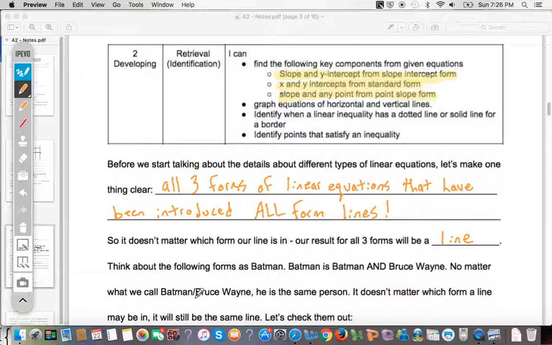No matter what we call Batman or Bruce Wayne, he is the same person. It doesn't matter which form a line may be in, it will still be the same line. So we will be able to go from point-slope form to slope-intercept form to standard form, and from all those forms back to the other forms as well. So they are all the same. Pause if you need more time.